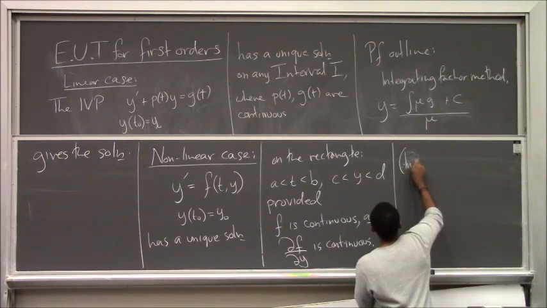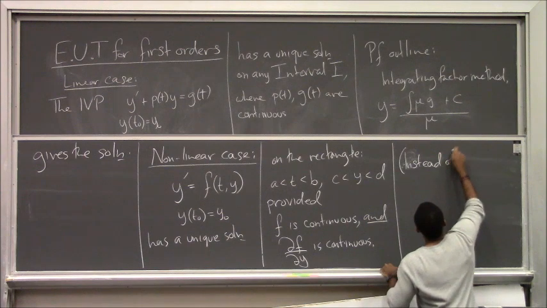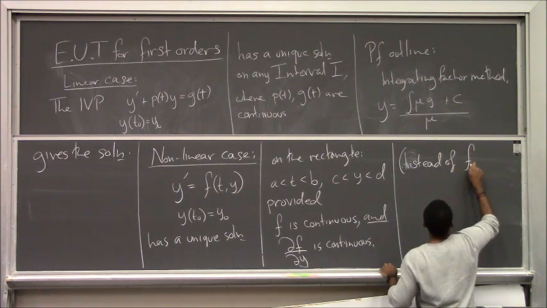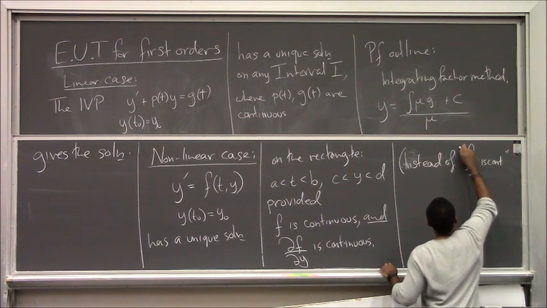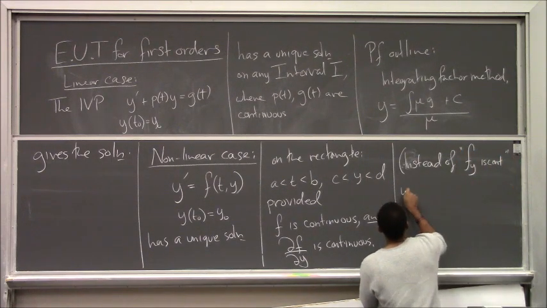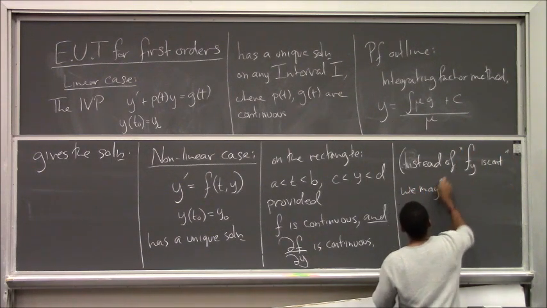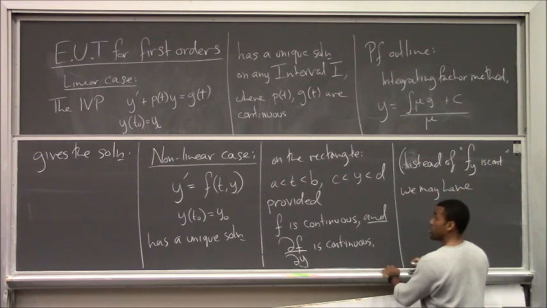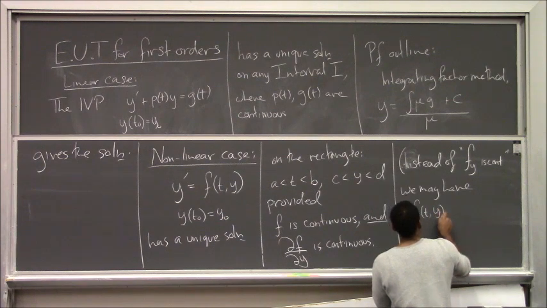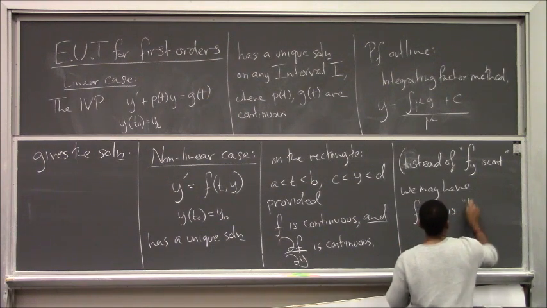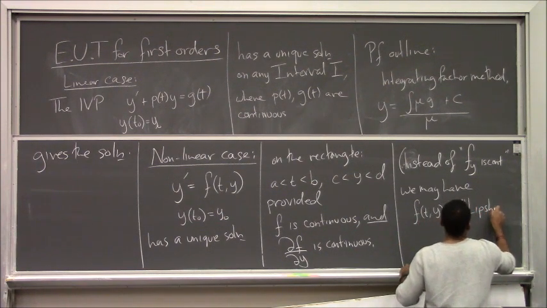Instead of the partial of f with respect to y being continuous, we may have something that's easier to obtain. f of t, y is what we call Lipschitz continuous.